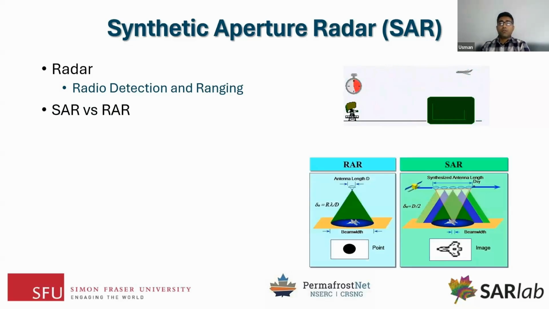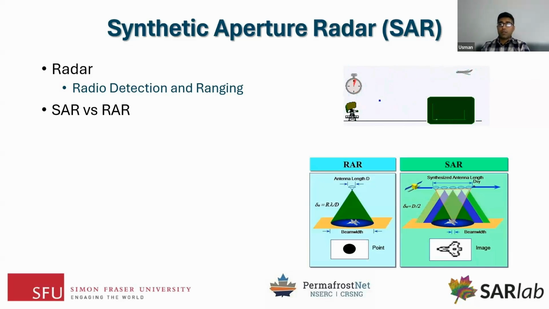One major problem with radars is that the resolution is limited by the beam width of the antenna, which in turn is limited by the length of the antenna. And for the airborne as well as for the spaceborne sensors, you can only put a limited size of antenna up there due to power limitations and size limitations.